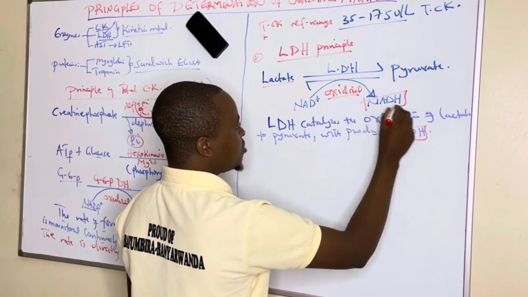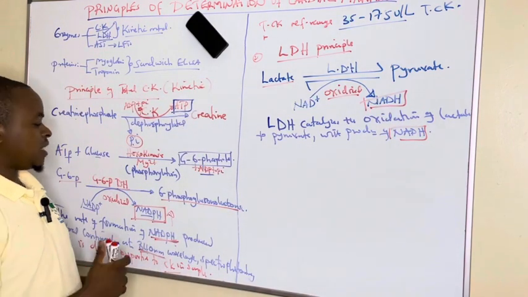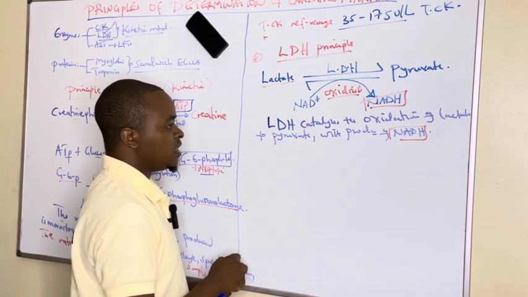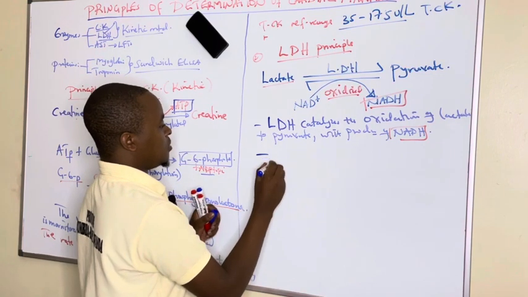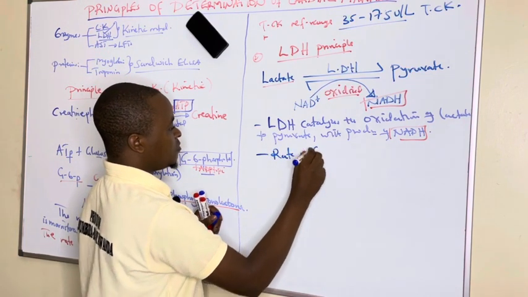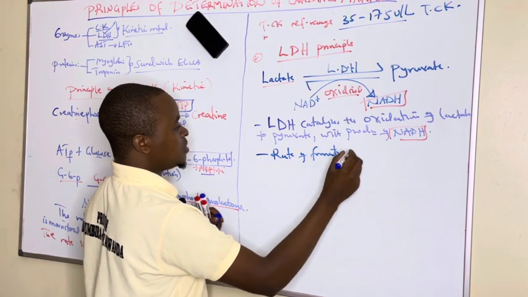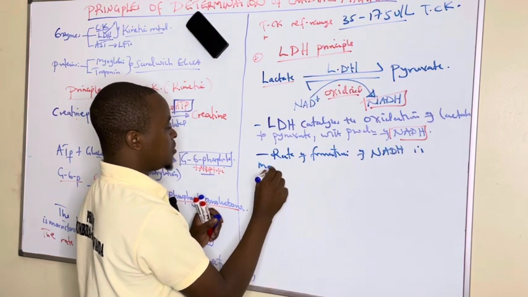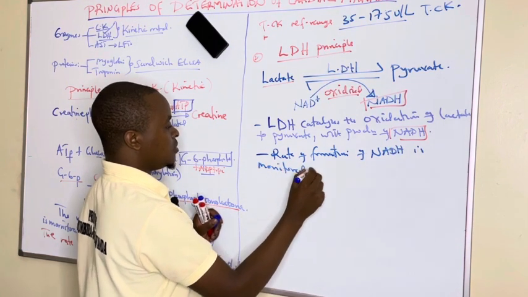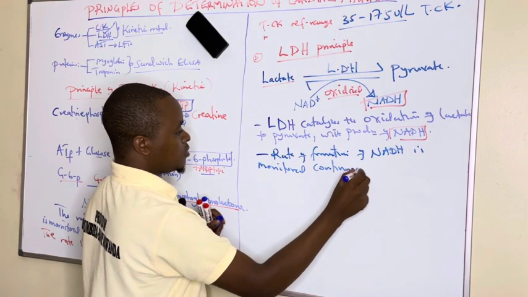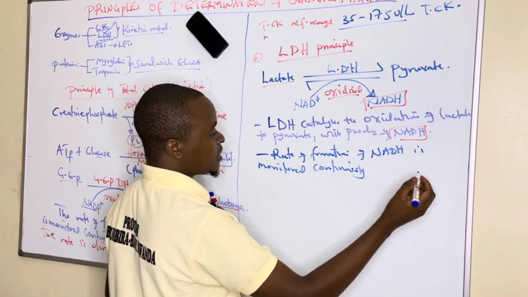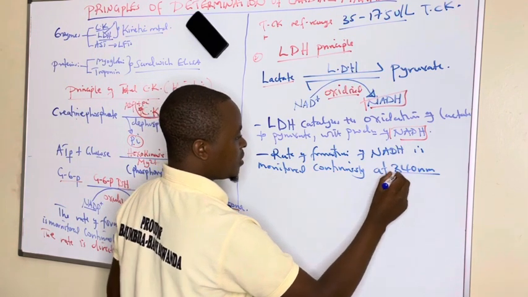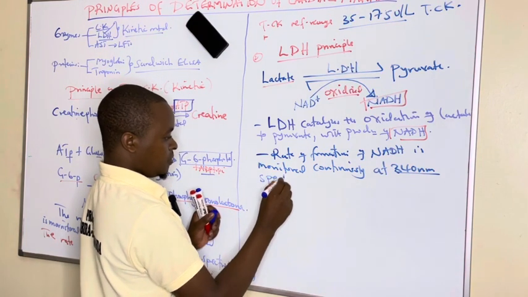The NADH which is being produced is the one that we are going to monitor continuously, the way we have done it here. The rate of formation, or rate of production, of NADH is monitored continuously at a fixed time interval at 340 nanometer wavelength spectrophotometrically.